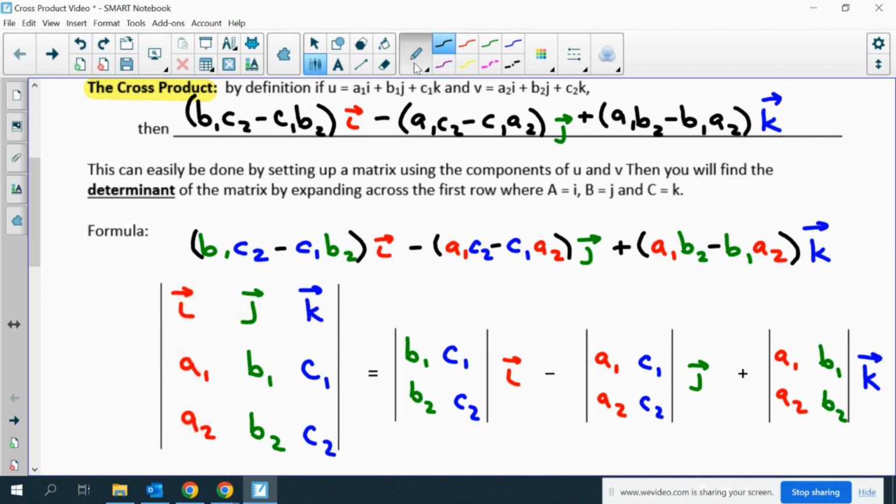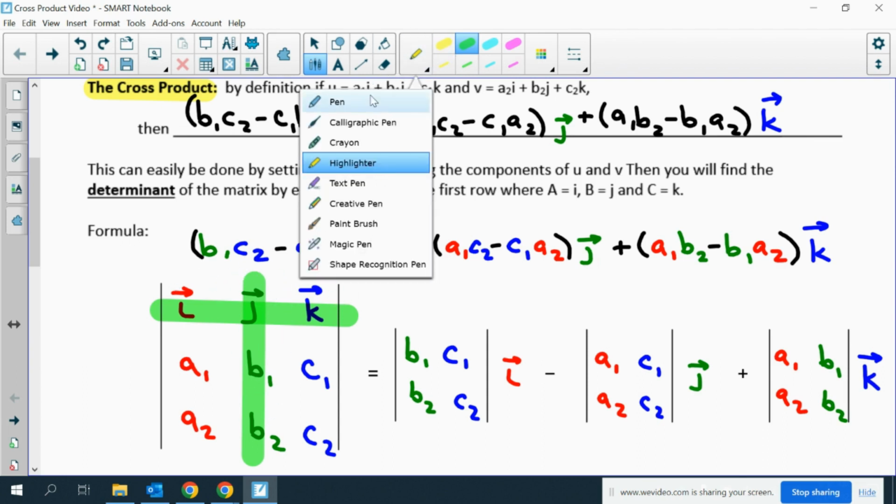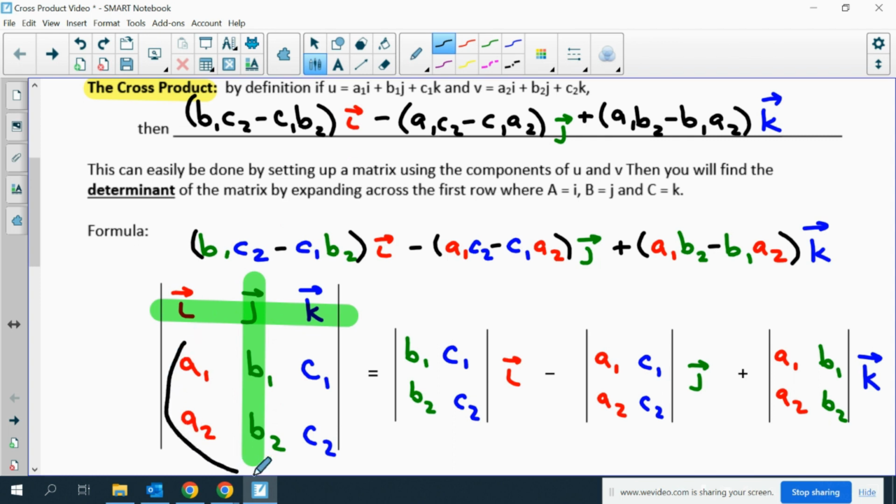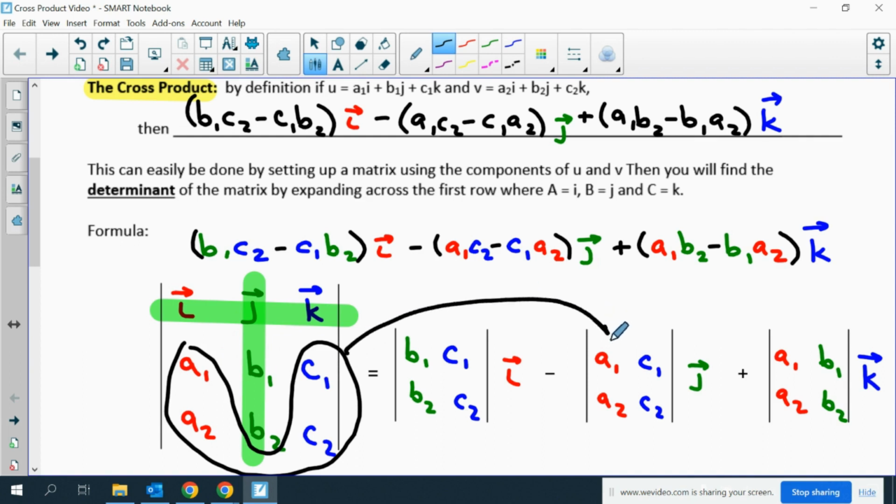Then we do the same thing for j. So we eliminate everything that's in the same row and column as j, and then we have this matrix that we find the determinant of and multiply it by j.